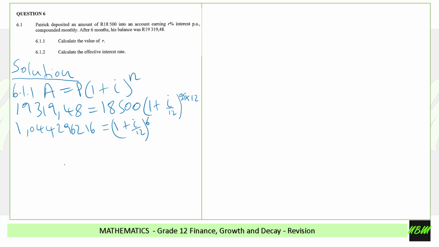And then from there, we are going to take the 6th root on both sides. So the 6th root of our decimal number 1.044296216 will give us 1.007250019, which will be equal to 1 + i divided by 12.